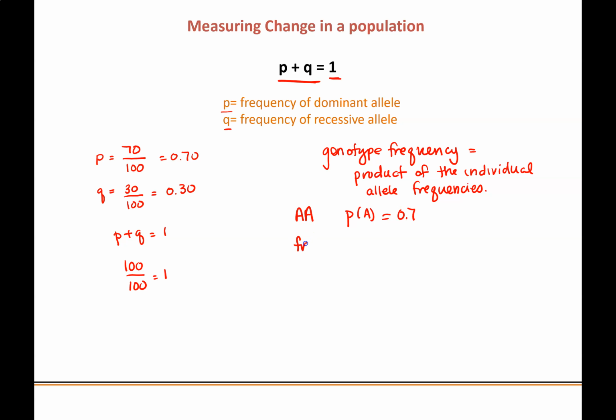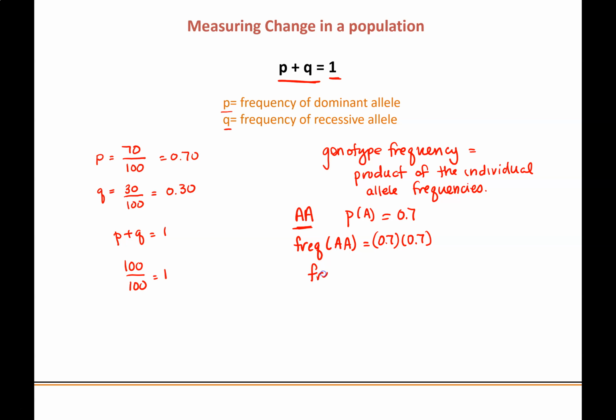The frequency of that homozygous dominant situation is just going to be the frequency of one allele in that population times the frequency of the other allele in the population. So it doesn't actually matter what's here, we're just multiplying the alleles.